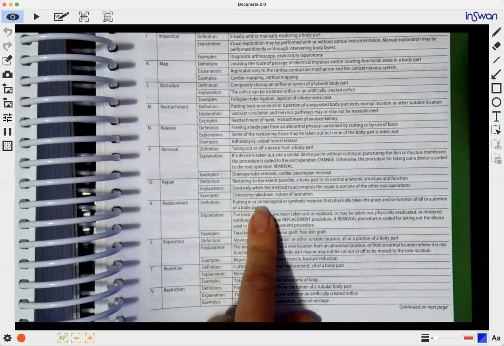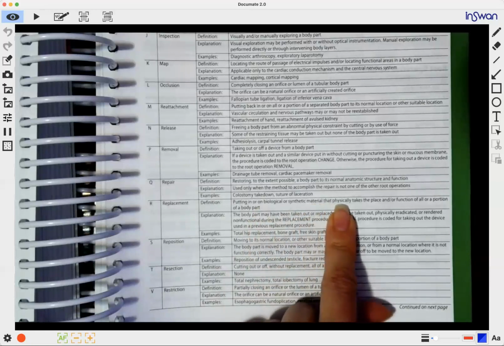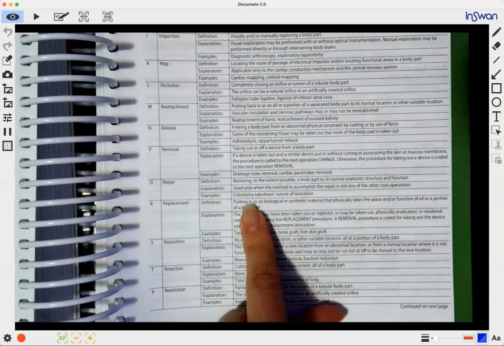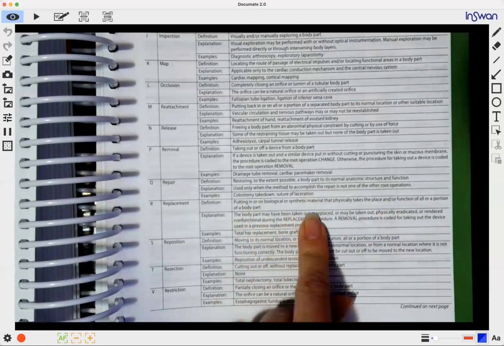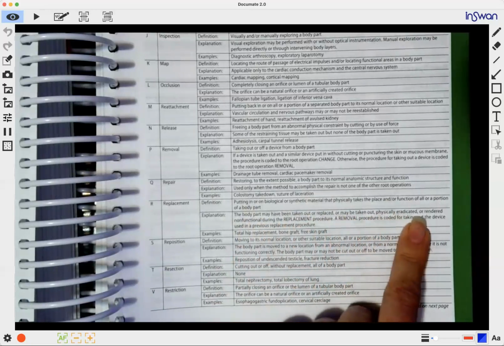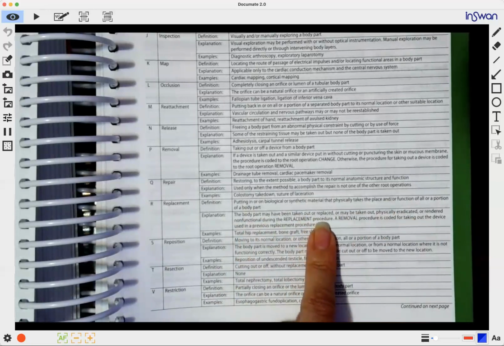Replacement, putting in or on biological or synthetic material that physically takes the place or function of all or a portion of a body part. So the body part may have been taken out, or may be physically eradicated, or rendered non-functioning during the replacement.